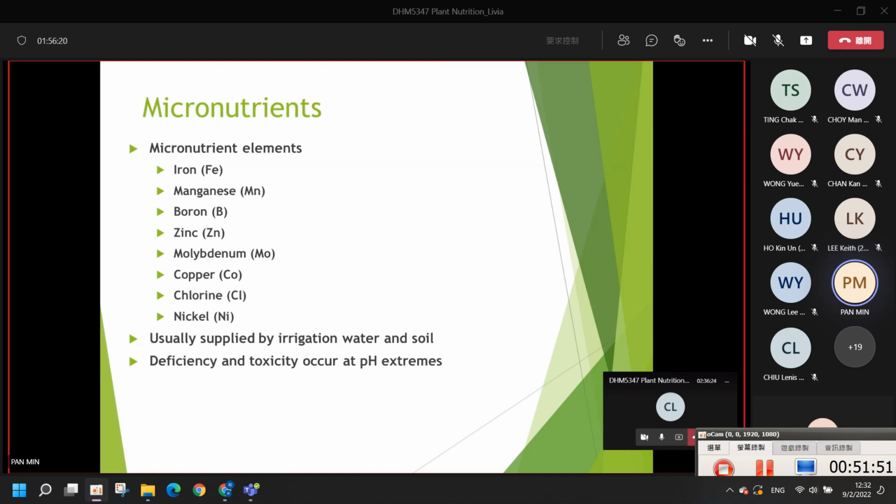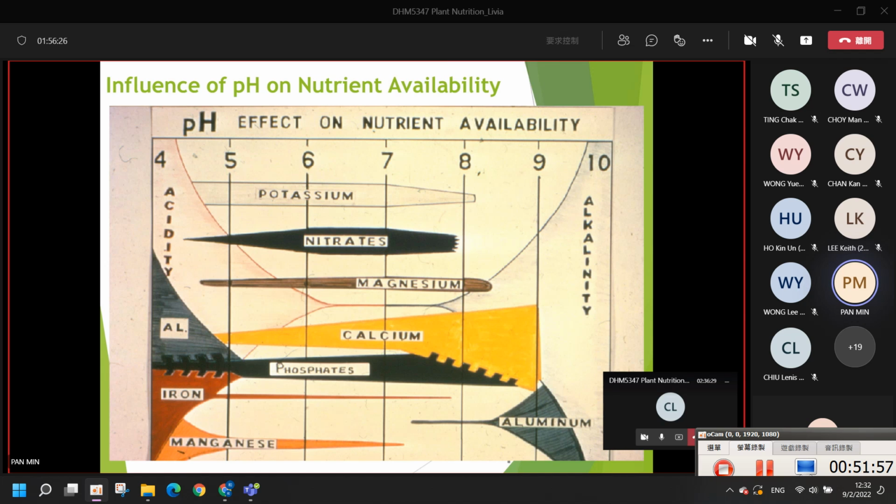The deficiency and toxicity occur at pH extremes. Here you can see why we said soil pH management is very important, because extreme pH will cause unavailability of essential nutrients such as iron.